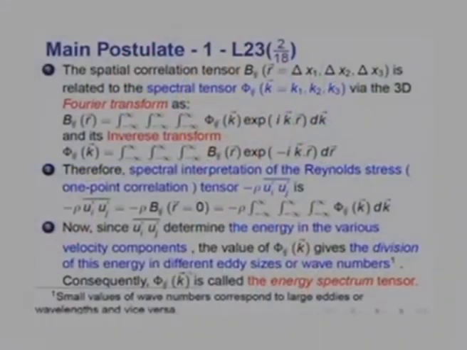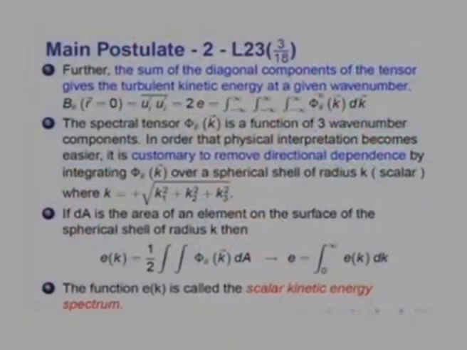So, what the Fourier transform does is it gives you the division of the energy of the fluctuations in different eddy sizes. Consequently, phi_ij(k) is called the energy spectrum tensor. Further, if we take the sum of the diagonal components of the tensor, it gives the turbulent kinetic energy spectrum at a given wave number.